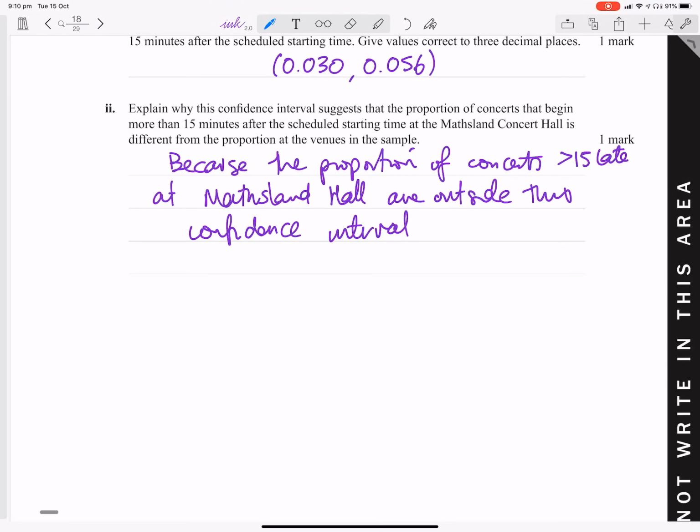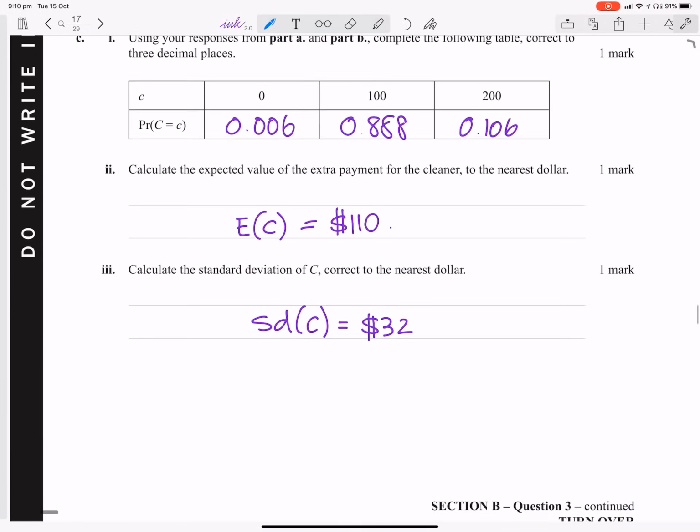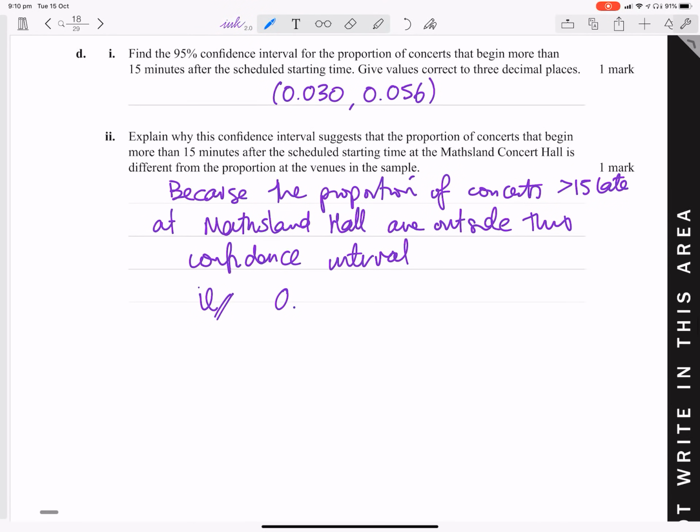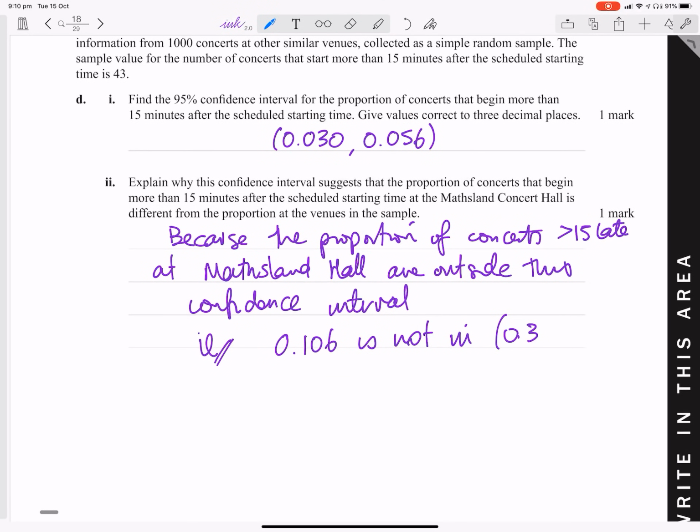So in the sample, i.e. 0.106 is not in 0.030 to 0.056.